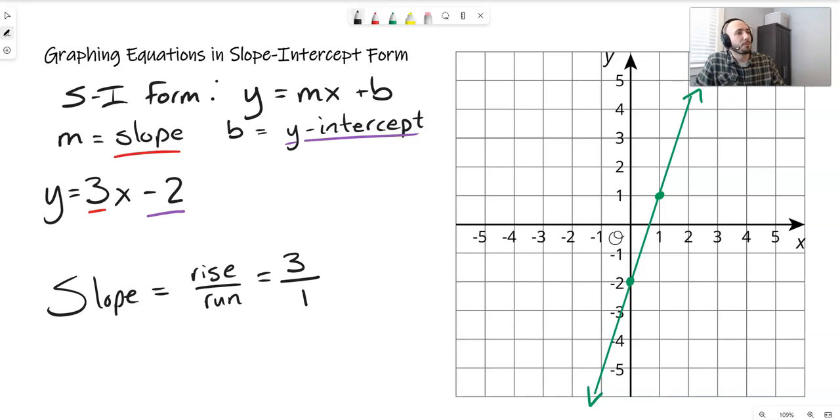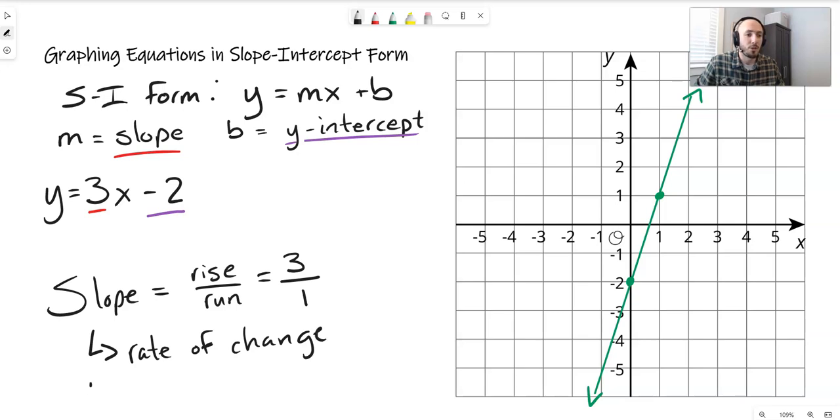So another way we can think about slope is that it is the rate of change of this graph. Also, we could think of it as a unit rate. We've done unit rates in the past. So we can also think of this as for every one unit that we move to the right, we will move 3 units up.